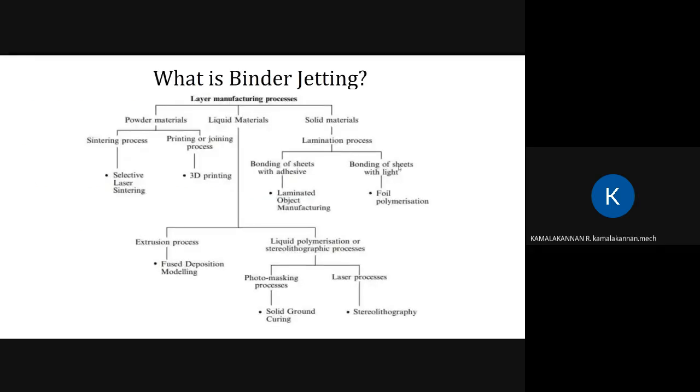What is binder jetting? Usually, I will show you this classification. You won't find binder jet in this figure, because at the end of the class you will know why it has not been indicated here.